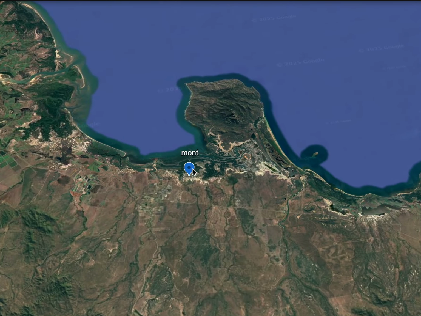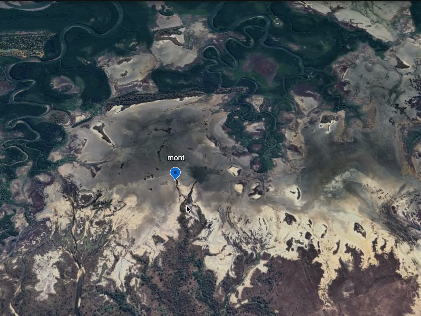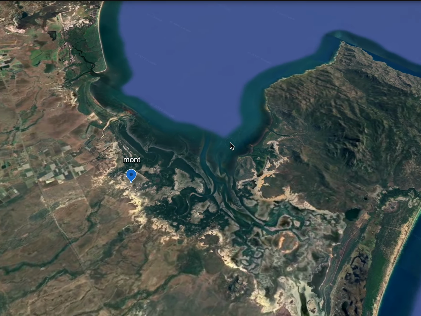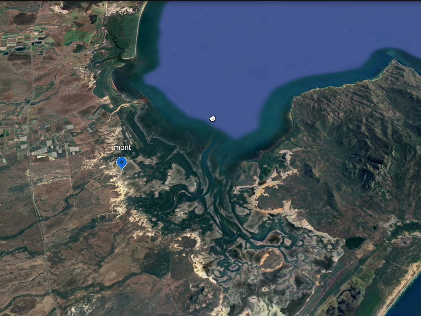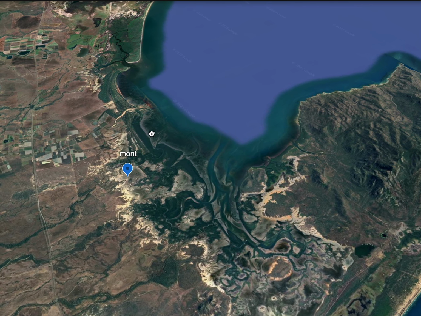Okay, we're going up the coast. This apparently is also like Monterey. Okay, this is the feature here. You've got the river going through here, and then you've got two sides.